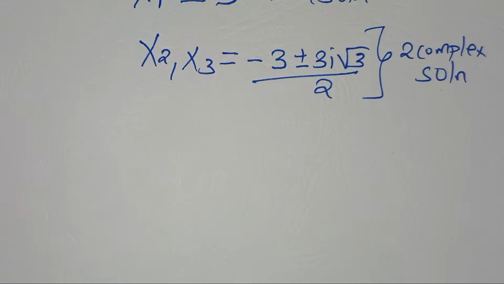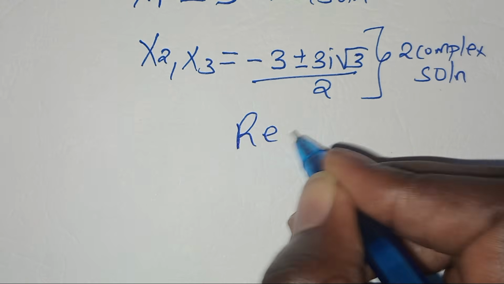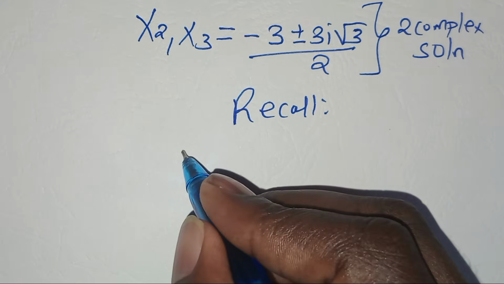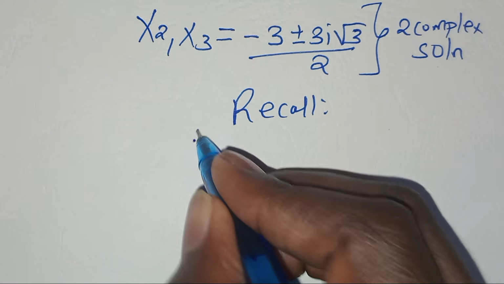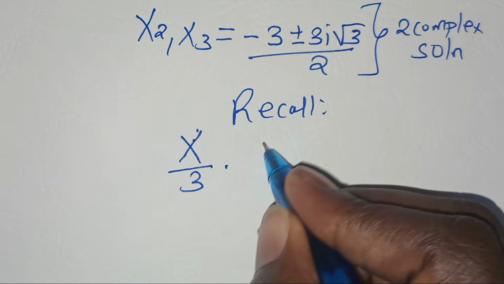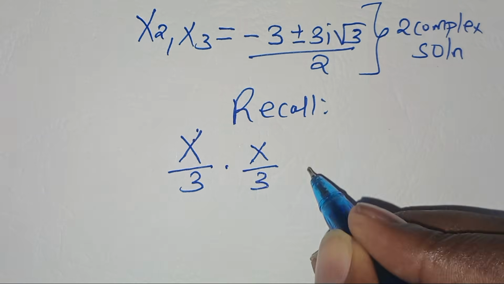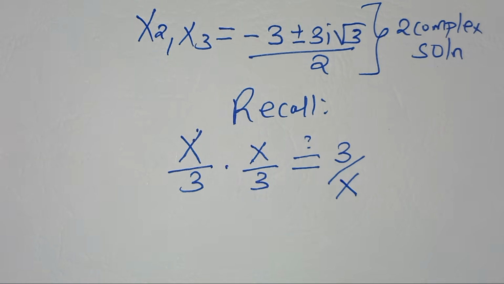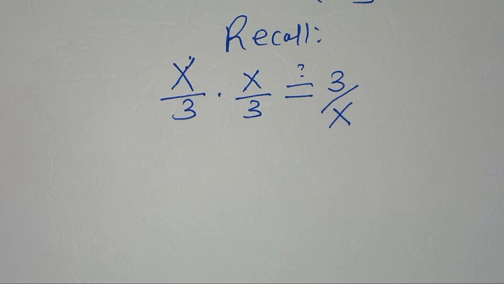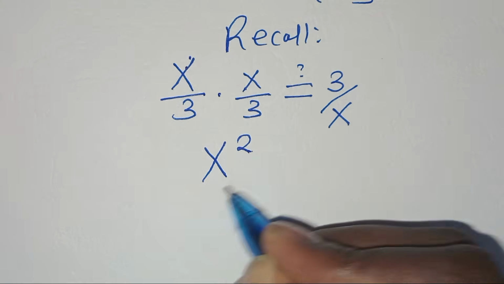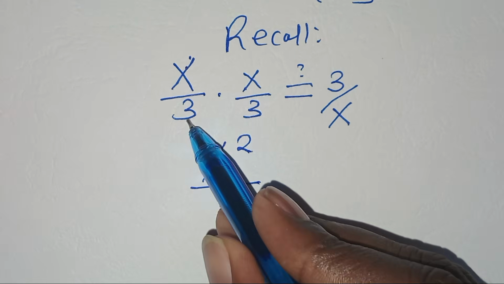Now, if you recall, we have x over 3 multiplied by x over 3. This should give us a value of 3 over x, which is the same thing as x to the power of 2 divided by 3 times 3.